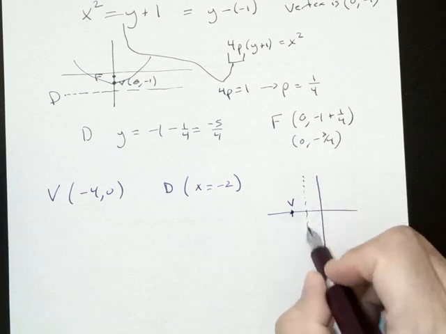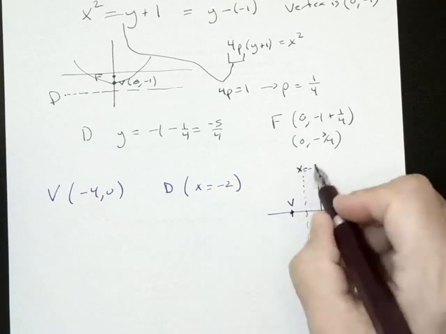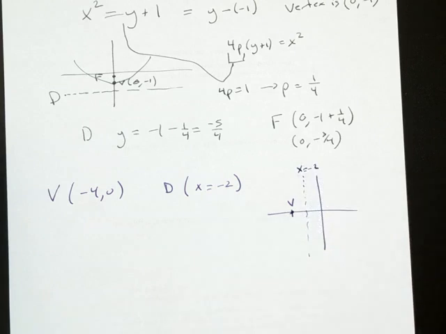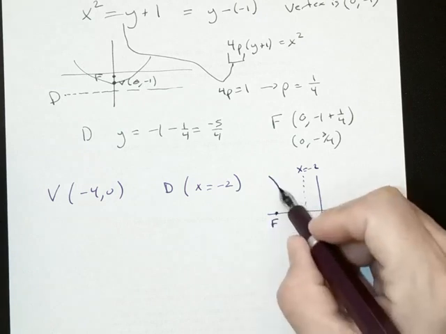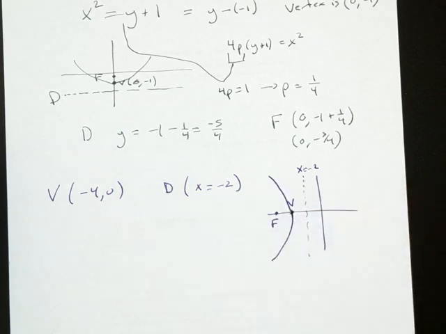X equals a number, and negative 2, by the way, is further to the right of negative 4. So that means that my focus is over here somewhere, and my parabola should go that way. Yes? Okay.